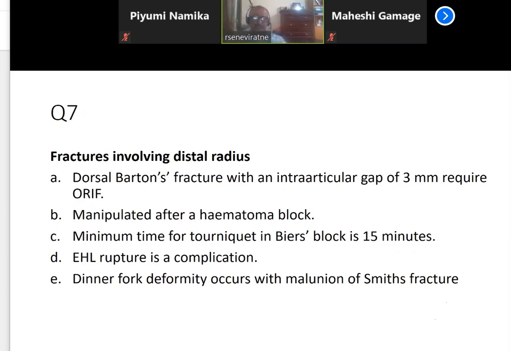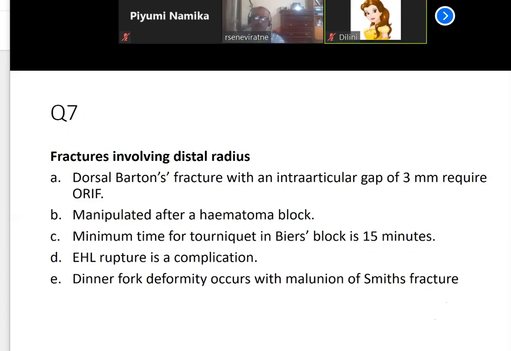Minimum time for tourniquet in a Bier's block is 15 minutes. This is a safety issue, so you must know exactly what the time is. 20. 20 minutes, yeah. EHL rupture is a complication following distal radial fractures. True.